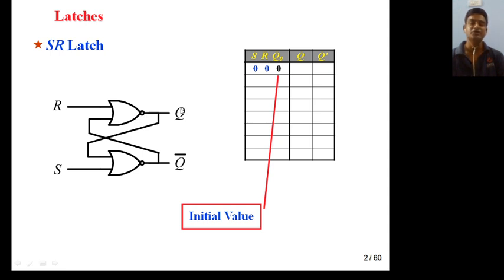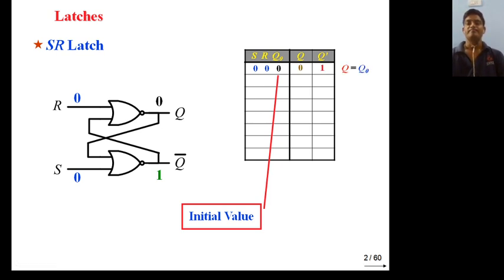This is 0 and the value of Q bar will be 1. So we will write down 0 here and 1 here.